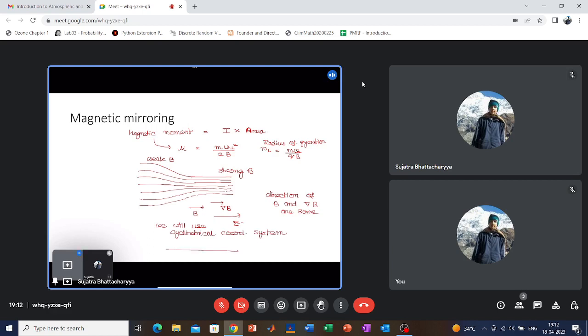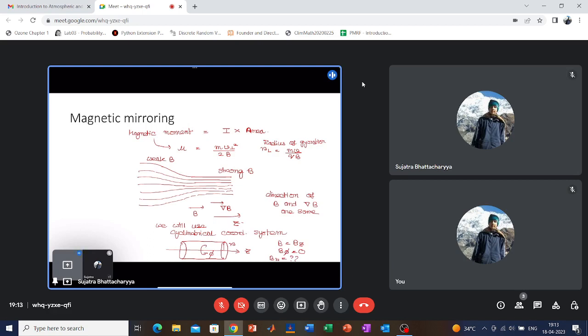So suppose this is your cylinder, and in this cylinder, this is your R, this is your phi, and this is the Z. Right. So here B will be equal to B_Z. What is B_phi? 0, because B is only in this Z direction. Now what is B_R, which we will see.